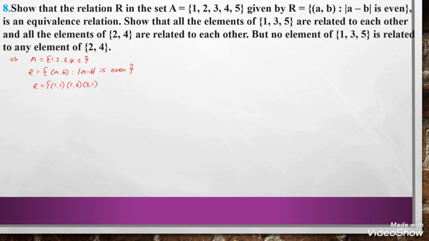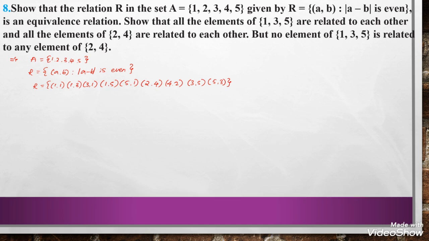Then (1, 4) is odd. (1, 5) is even. Similarly, (5, 1) is also even. And (2, 4) is also even. (4, 2) is also even. Similarly, for 3 and 5, (3, 5) is also even, (5, 3) is also even. These are the relations that satisfy the above condition.